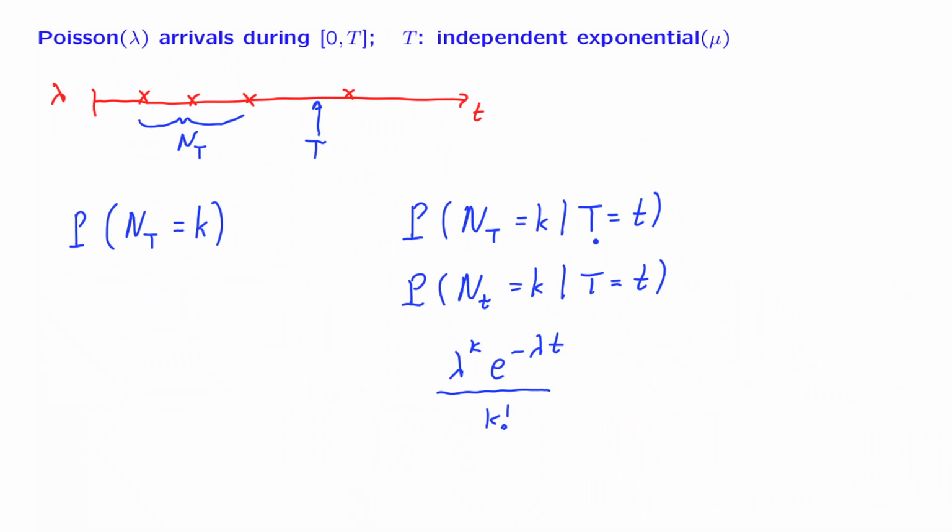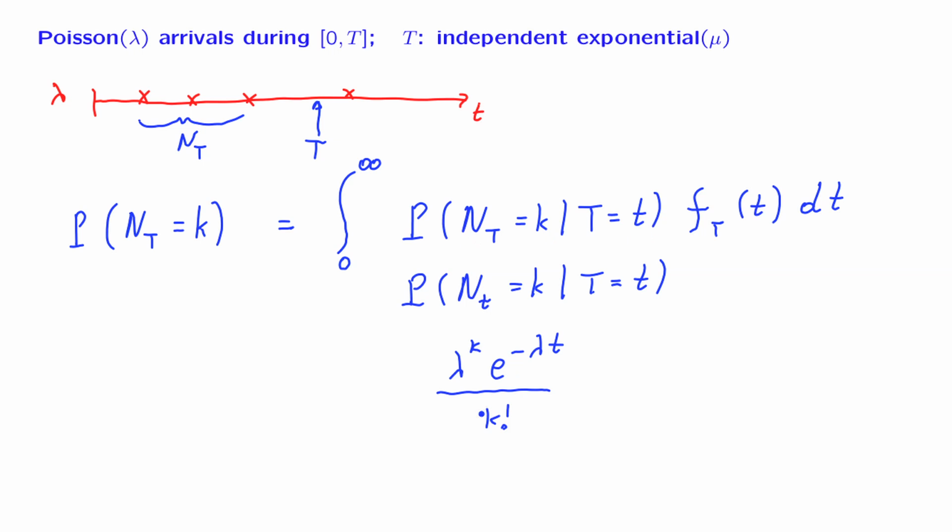Now, if we have this conditional probability, how can we get the unconditional probability? This is done by using the total probability theorem. We consider all possible values of little t, which are all the numbers from 0 to infinity. We weigh each possible value of little t according to the corresponding PDF of the random variable T, and we have this equality.